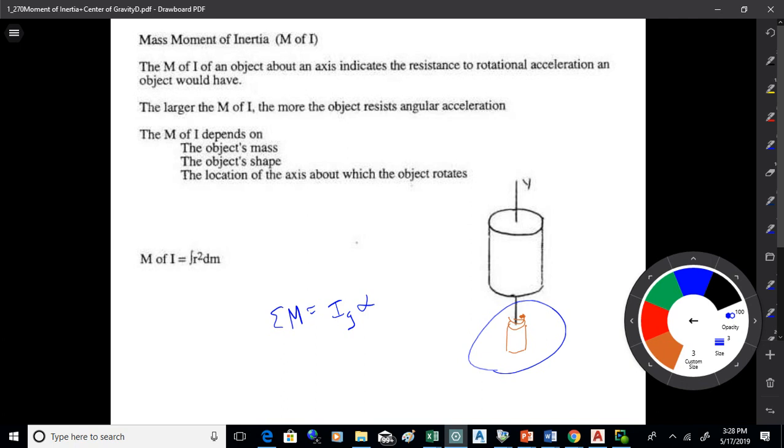So it depends on three things: the mass of the object, the shape of the object, and the location of the axis about which the object rotates. So those are the three things you look at when you're finding moment of inertia.